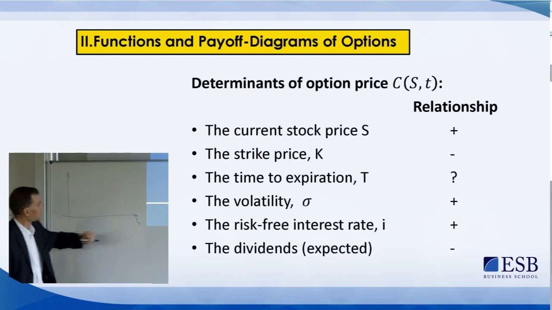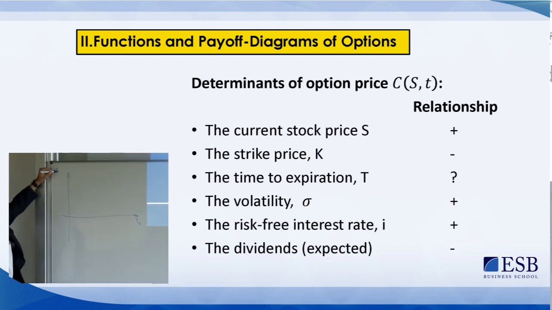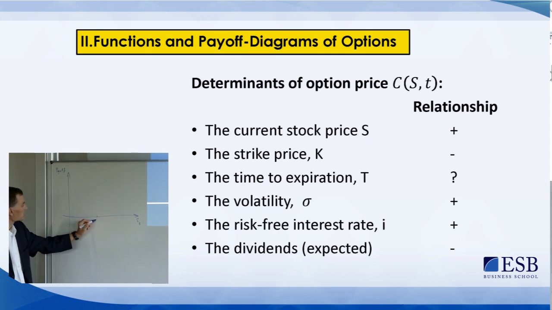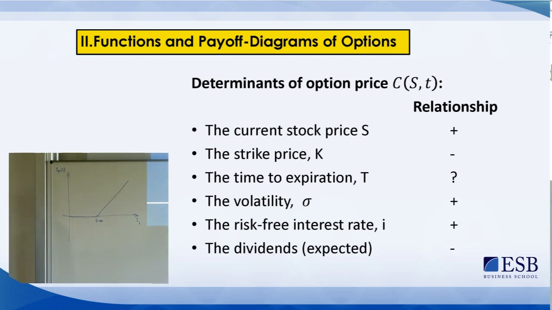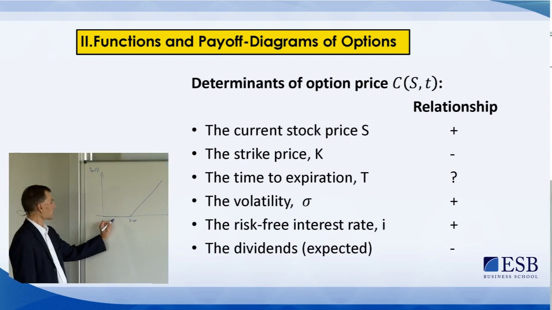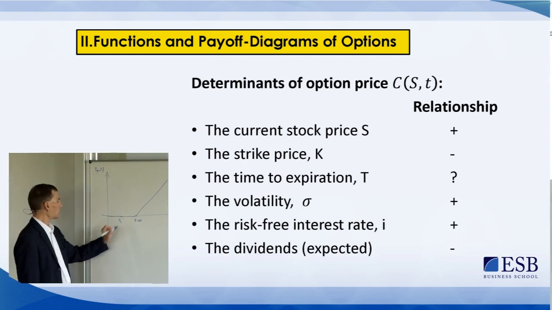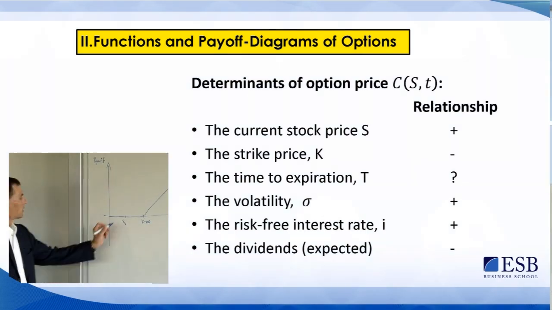So once again, we use the so-called payoff diagram. Call option, we have a certain strike price, let's say 100. And we know the payoff function is horizontal, and then it slopes up. And now we distinguish two cases. Suppose the stock price today, so let's call it 0 for today, is 50.